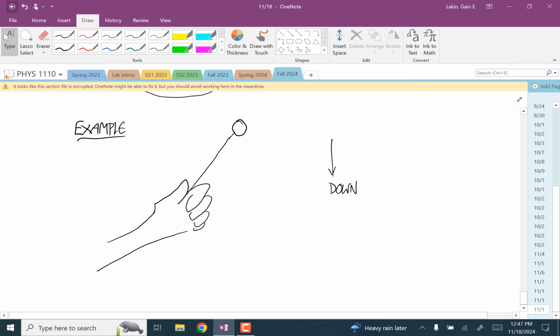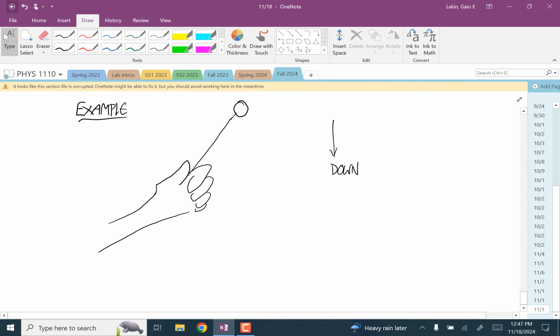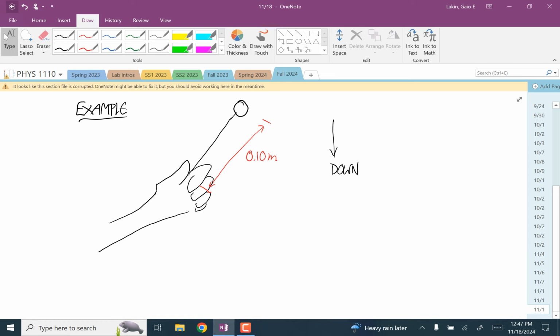So let's say that this length is 0.1 meters. And let's say first, what's the slowest the ball can be moving at the top of the circle?